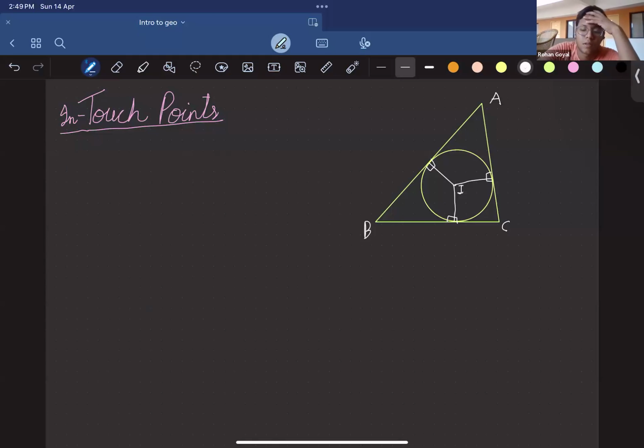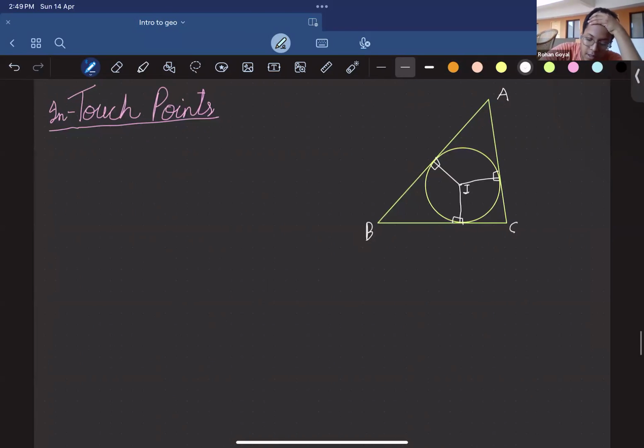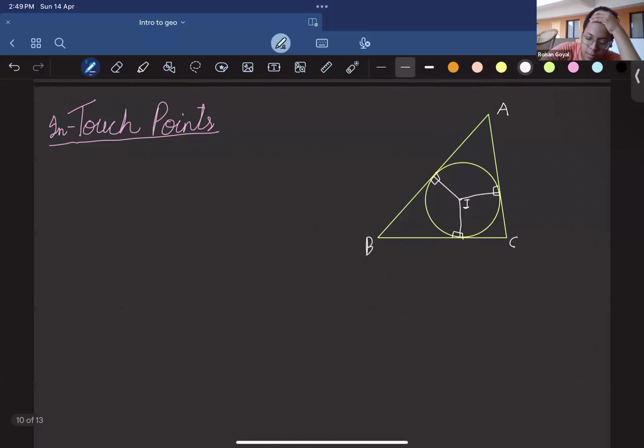Good. So this is what we showed, and the thing to observe is that this means there is a circle with center I which is tangent to all these three sides, by taking that distance as the radius. This circle is called the incircle.